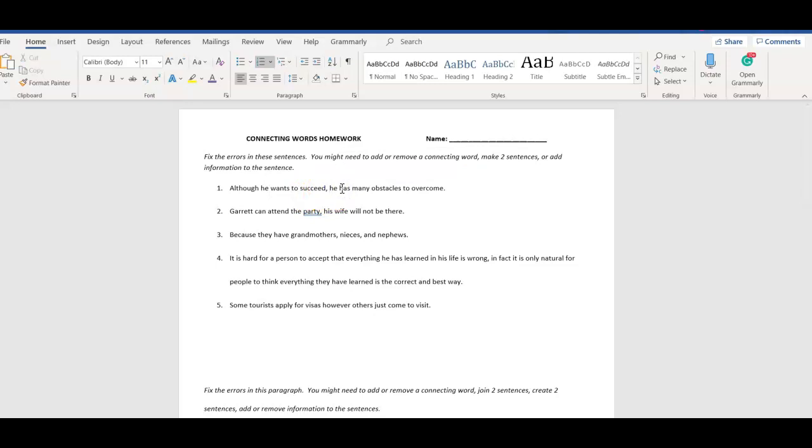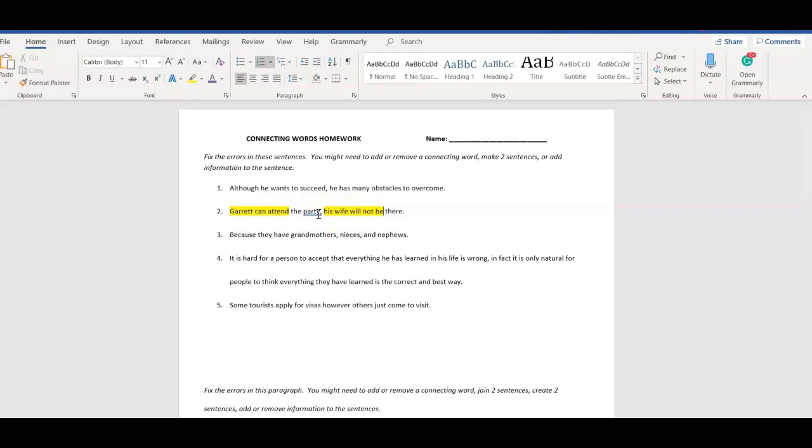Okay, one more together before we move on. Garrett can attend the party, comma, his wife will not be there. You will notice here that we have a subject and a verb and a subject and a verb. Whenever we have this situation of two subjects and two verbs in English, we cannot separate them just with a comma.